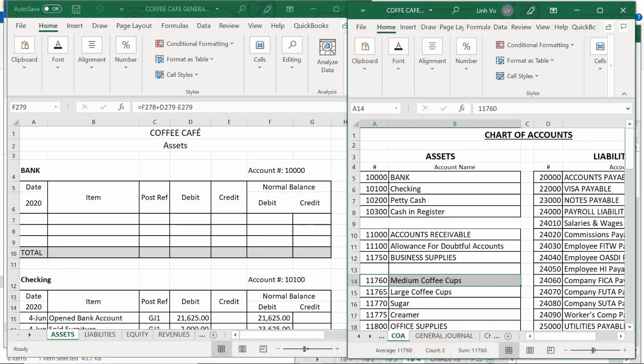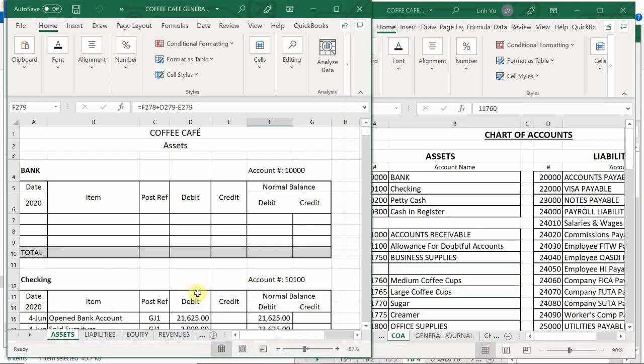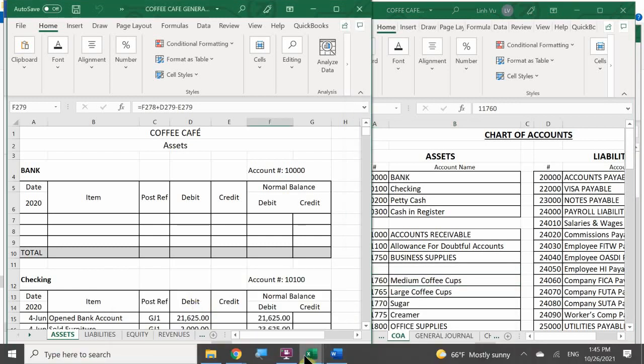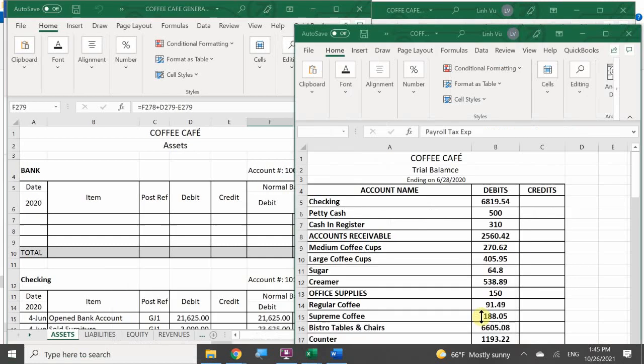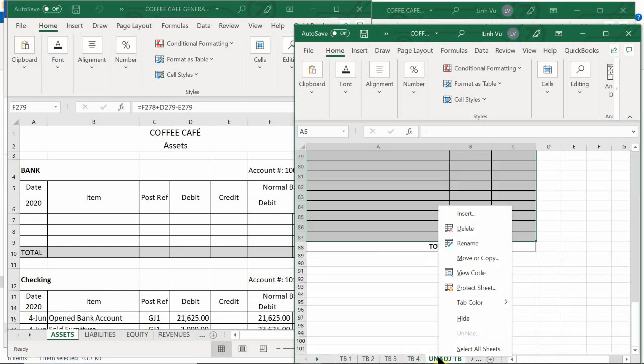The only thing you need here is just the ledger and just the financial forms. What I'm going to have you do is make an exact copy of this trial balance, and I'm going to name it unadjusted trial balance. So I'm going to delete this one right here.